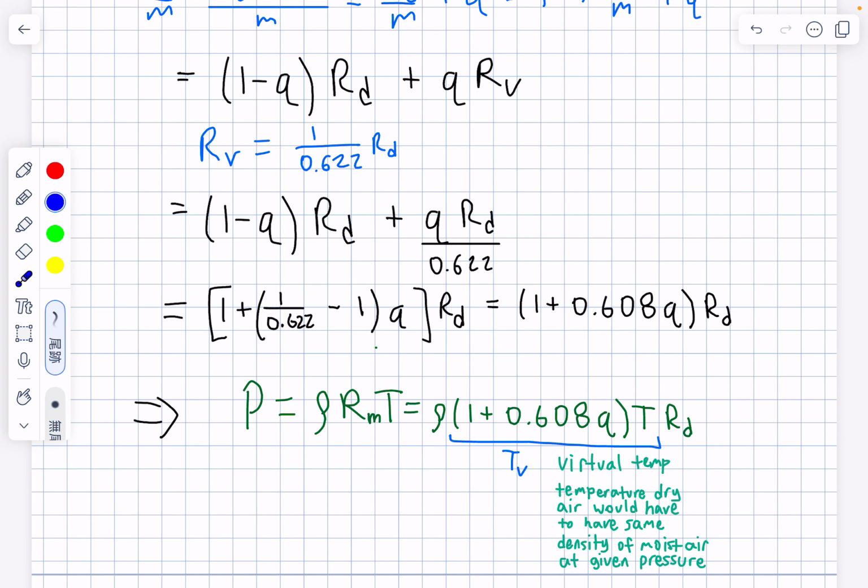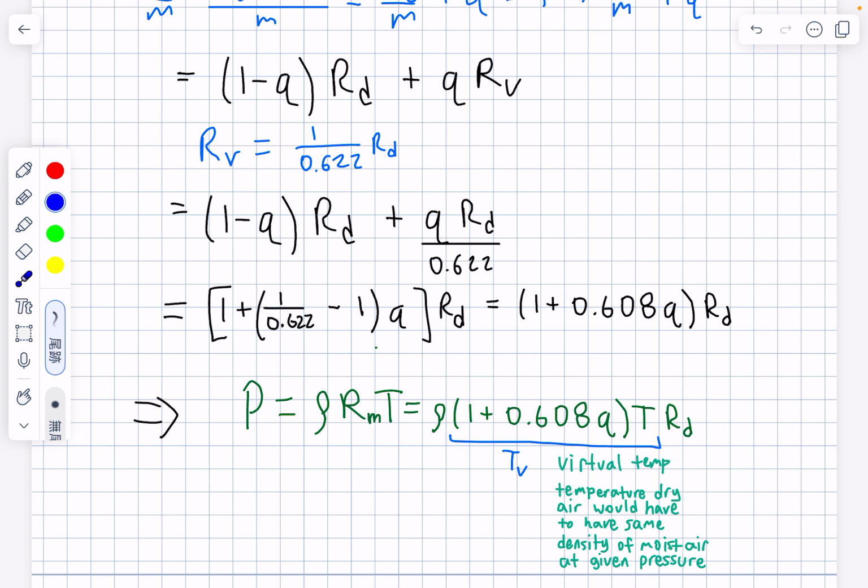Now we can distribute. We can take the 1 over 0.622 Rd q minus q Rd, write that in the better order, 1 over 0.622 q Rd minus q Rd.